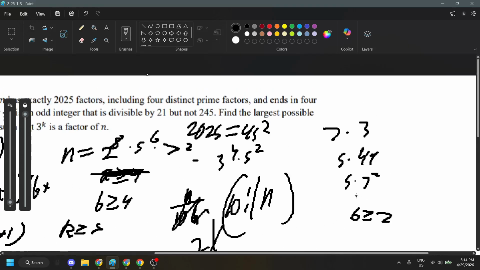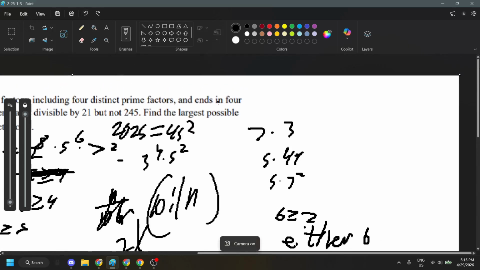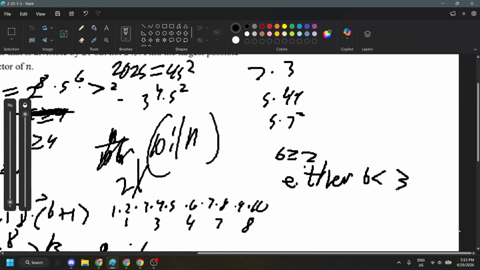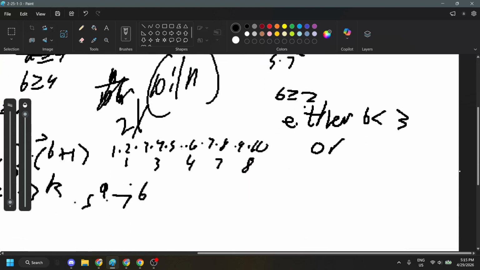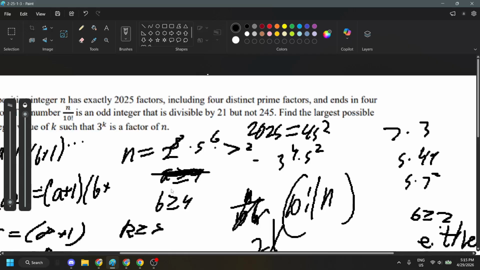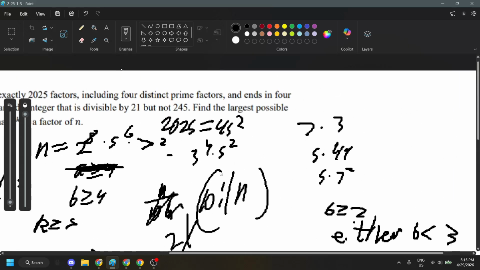So either b is less than 3, 2 sevens here, or we don't have the 5, so then a is less than 3.